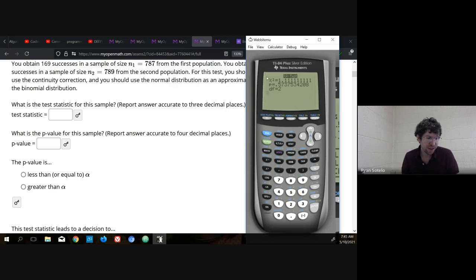But here's my p-value. So the probability that I would see what I did see, given the assumption that those 2 variables are independent, would be almost 60%. So it's very likely that if that were true, I would see what I saw. So that means I cannot reject the idea that they're independent.